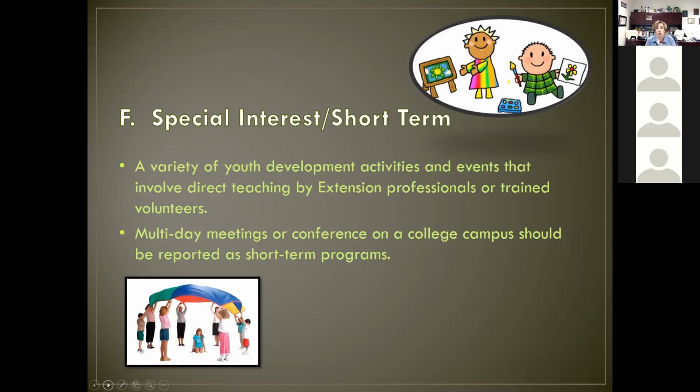Also any multi-day meetings or conferences on a college campus. This would be where 4-H Day at the legislature fits. So Liz, for your 4-H Day at the legislature, if you had 8 kids or 10 kids, you would do a group enrollment. They would be put into this special interest category.